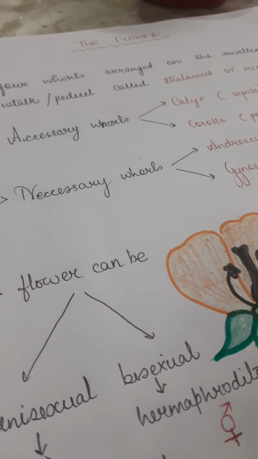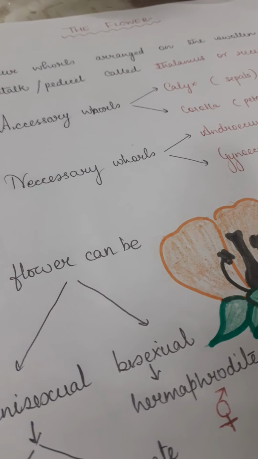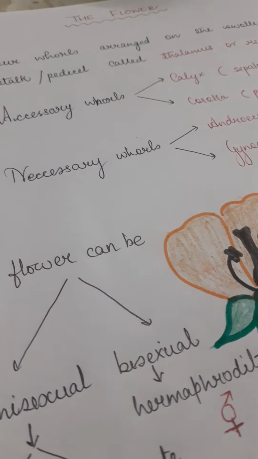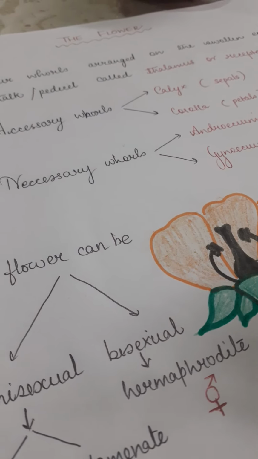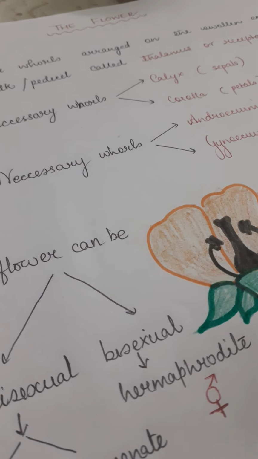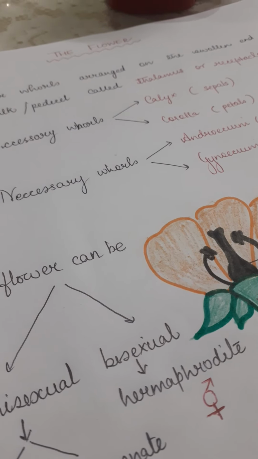Hello children. Now we will be taking up the next topic in the chapter Morphology of Flowering Plants, and the topic is the flower. Now we need to understand the flower, the arrangement of its whorls and everything pertaining to that, so that we can finally understand families of the plant.